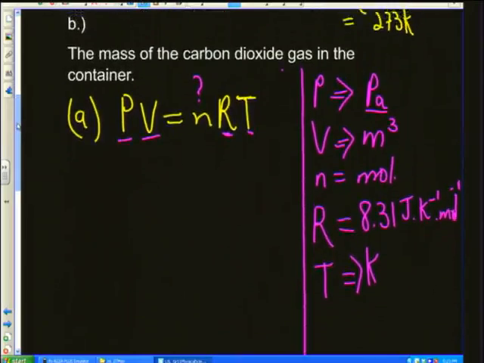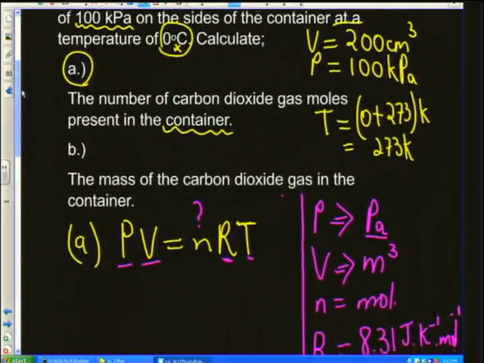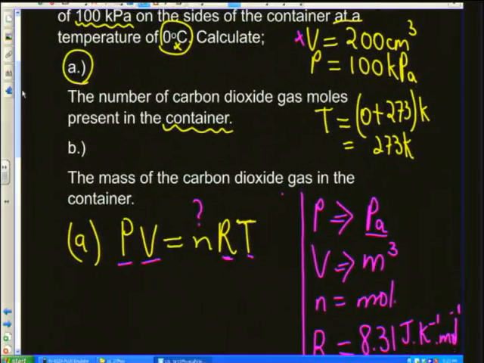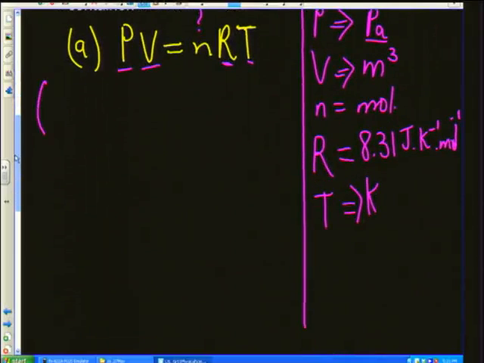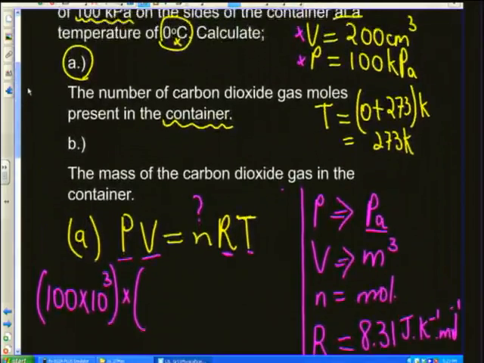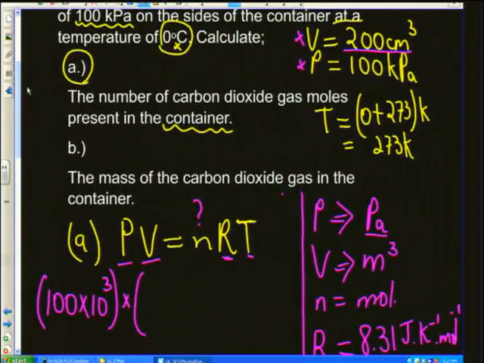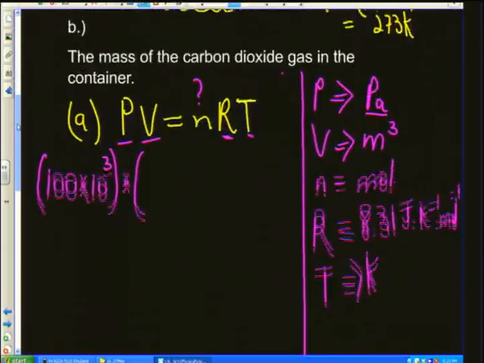Why do I say so? Let's come back here. You will see that you are given volume in cubic centimeters, so you have to convert. You are given pressure in kilopascals, so you have to convert to pascals. Let's work it out. 100 kilopascals, you need to multiply by 10 to the 3 so that you come back to pascals. Then multiplied by the volume, 200 cubic centimeters to cubic meters.